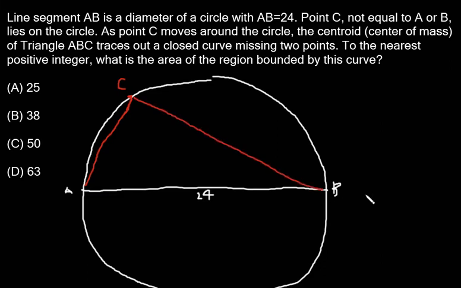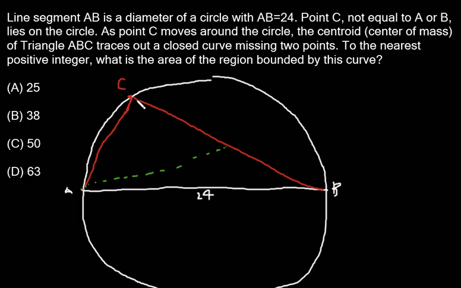So we have triangle ABC, and the centroid is just where all the medians of this triangle connect. A median goes from the vertex to the middle of the opposite side. Let me draw that in green, with dotted lines.